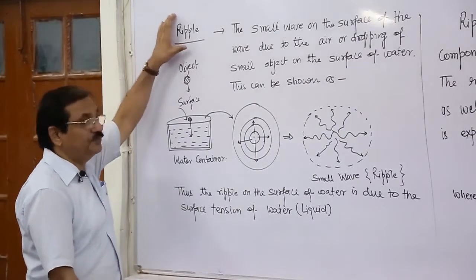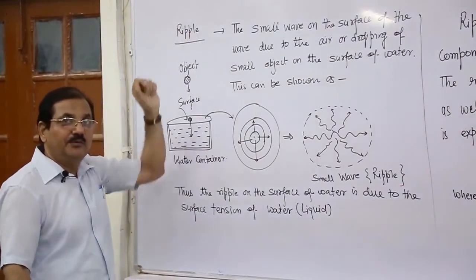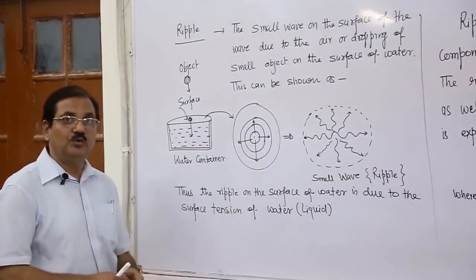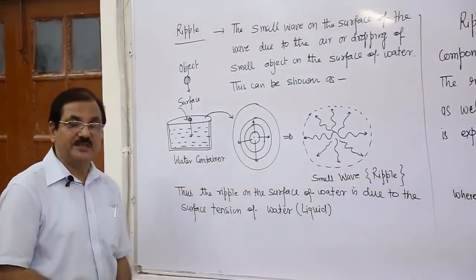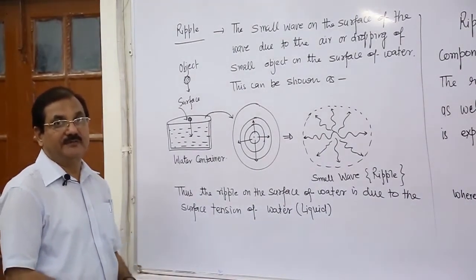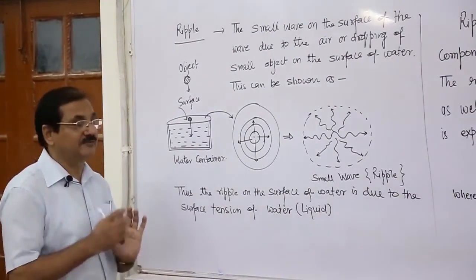So, we have to first understand what we mean by ripple and how the ripple is created in the process of rectification in an electrical circuit, from AC to DC conversion.